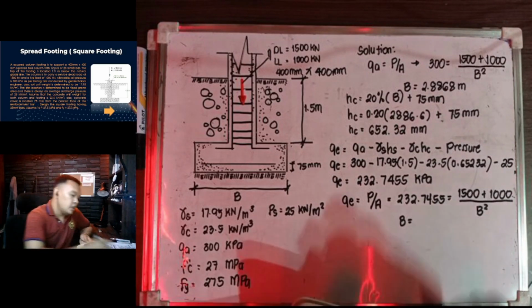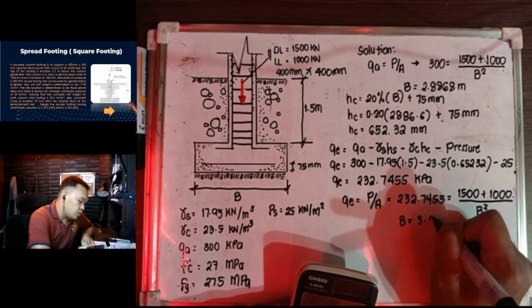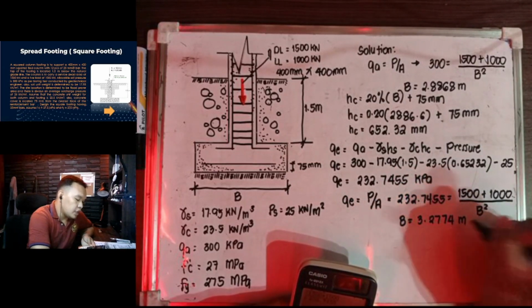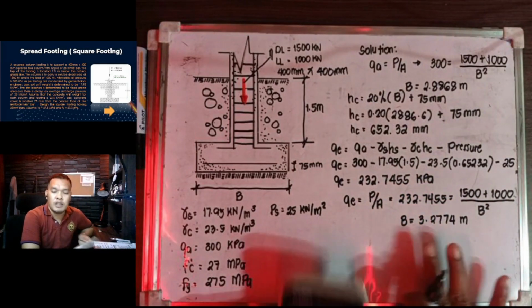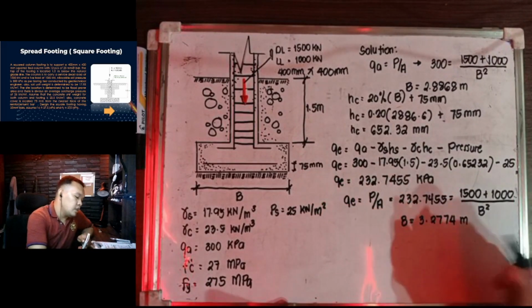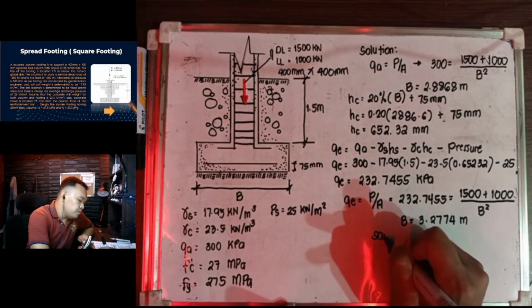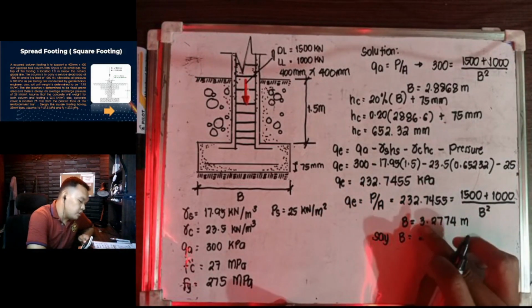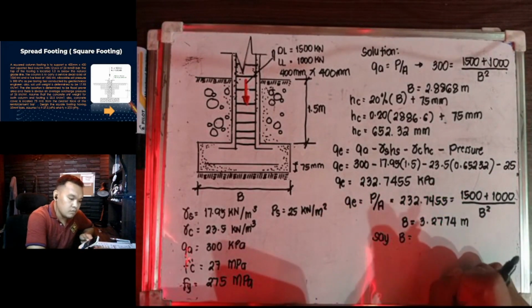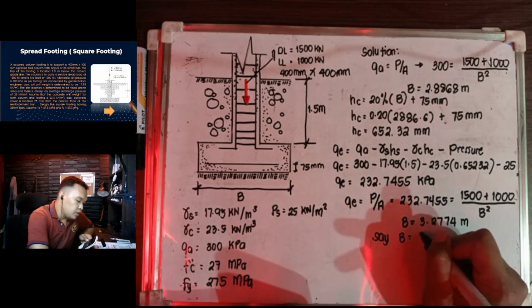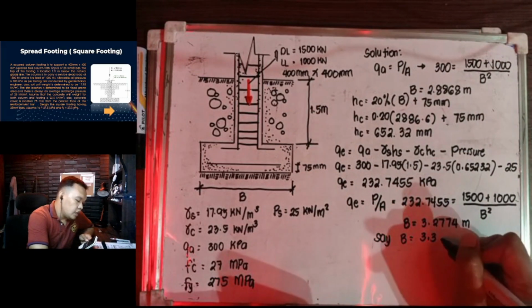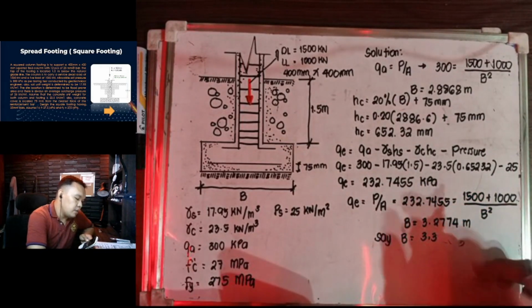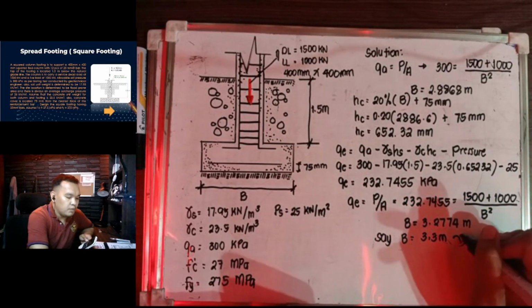So, we have here 3.2774 meter. So, since ito na yung final natin, dimension, we could say that, say, B is equivalent kay 3.3 meters, 3.3 meters by 3.3 meters.